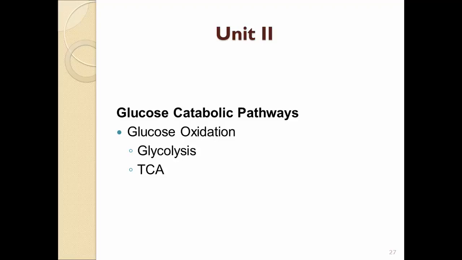And pyruvate will be transported into the mitochondria for complete oxidation. So now we want to get into more detail on the glycolytic pathway, the TCA cycle, and complete oxidation for glucose.